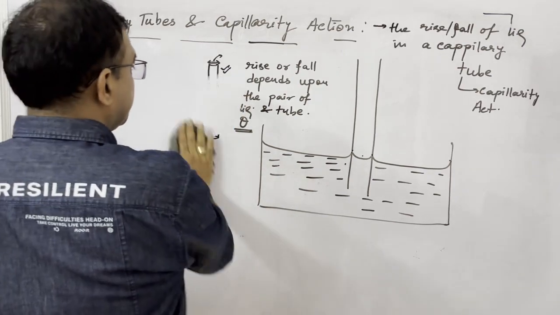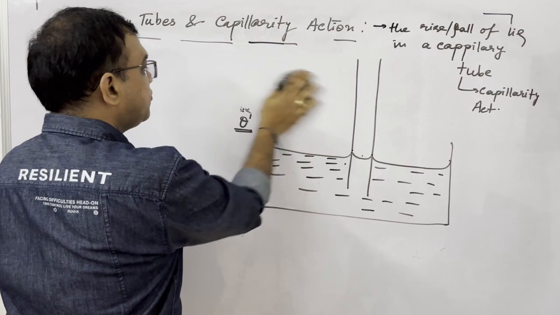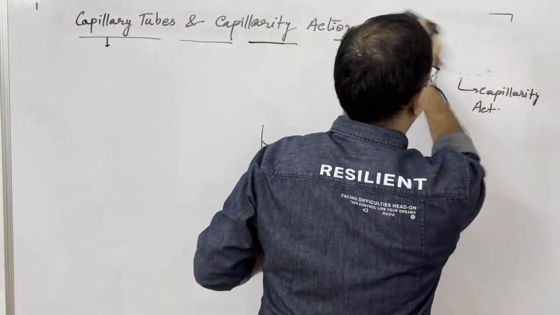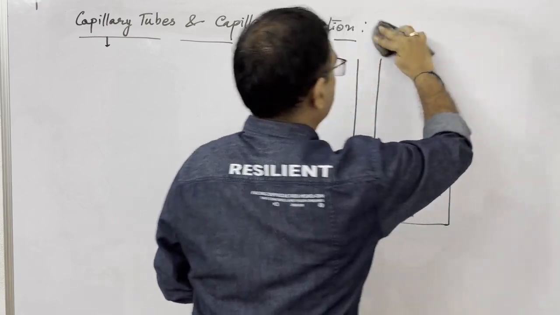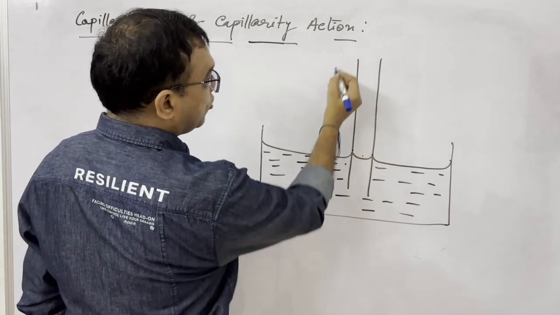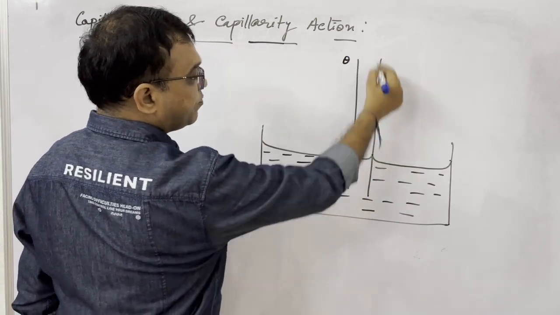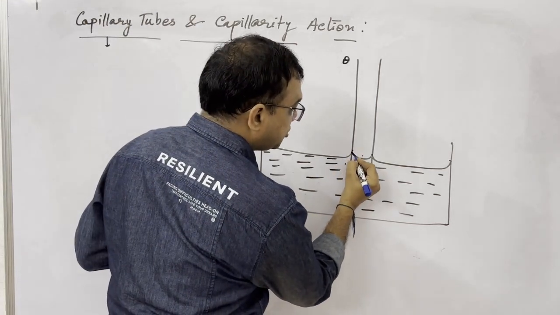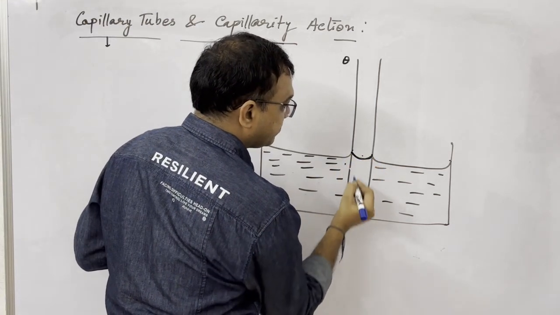Now, let us consider we have dipped one capillary tube into the liquid. Then, depending upon the contact angle of the liquid and this capillary tube's solid surface, the shape of the meniscus will be decided.